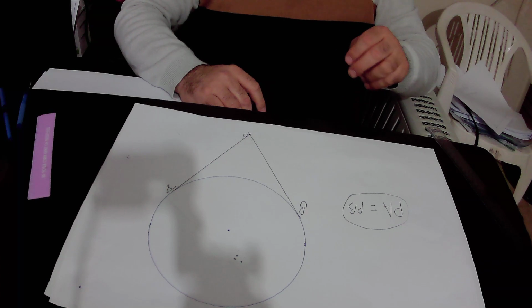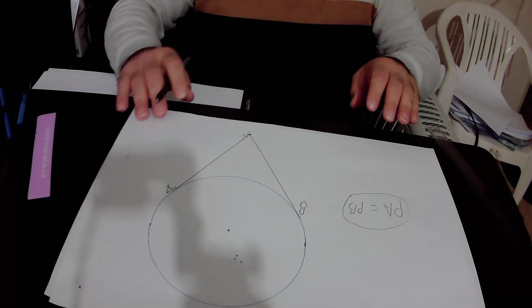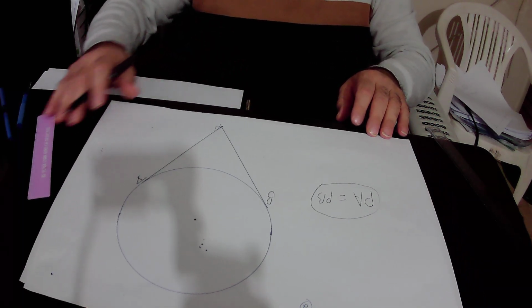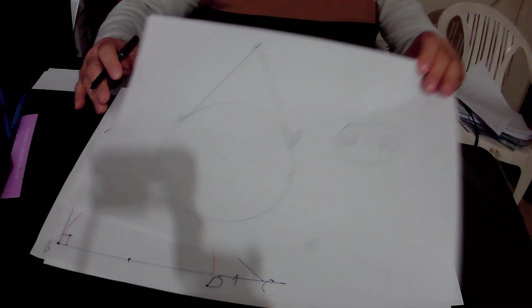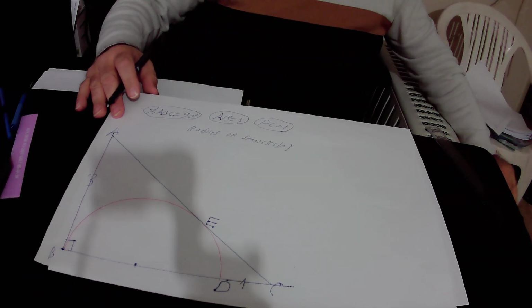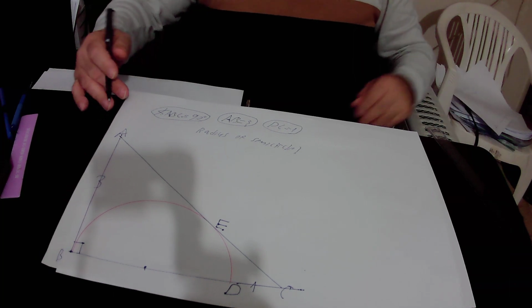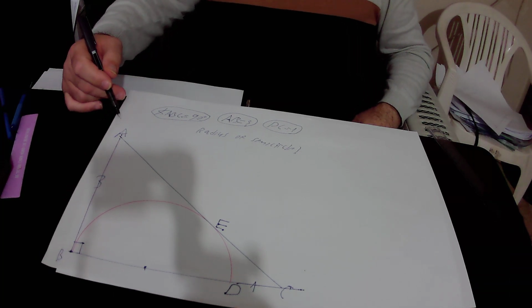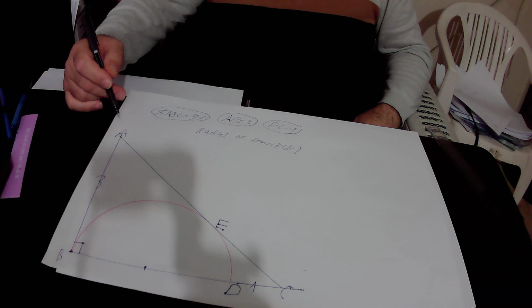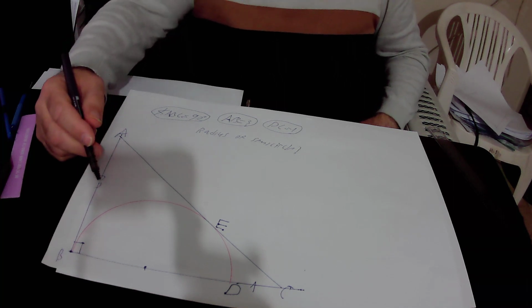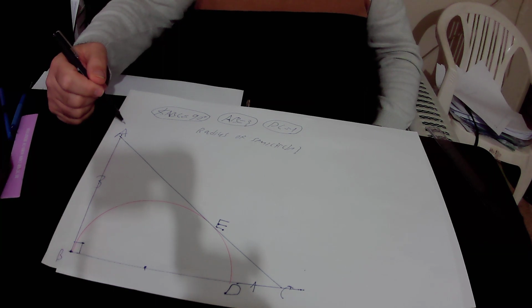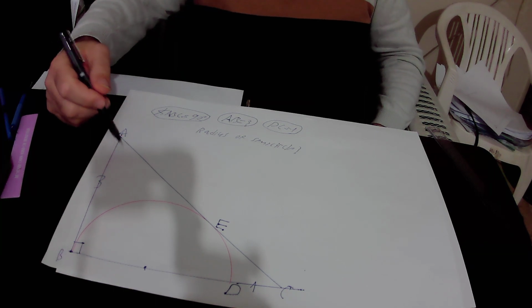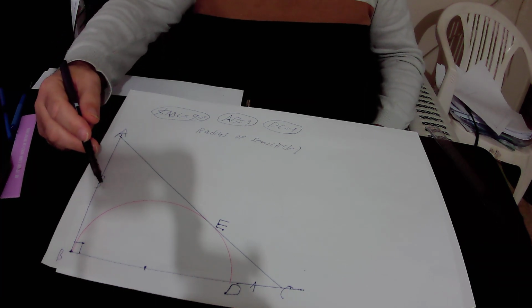So we actually can implement rule number 1 of two tangents theorem in our drawing, because in our drawing we have the external point A of this red semicircle, and from point A we have two tangents to this red semicircle.